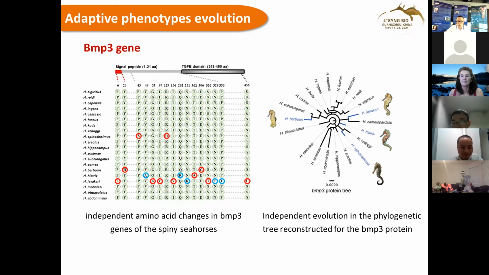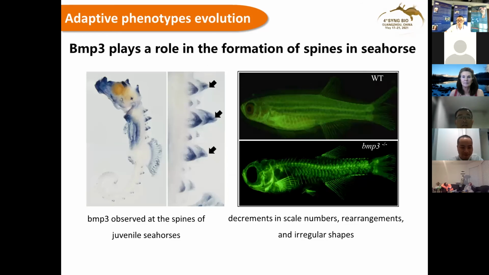And the BMP3 protein tree differed from the species tree, and the 4 spiny seahorse lineages exhibit independent amino acid changes. And again, we tried to check the gene function. In situ hybridization demonstrated specific BMP3 expression domains in the seahorse spines during early development.